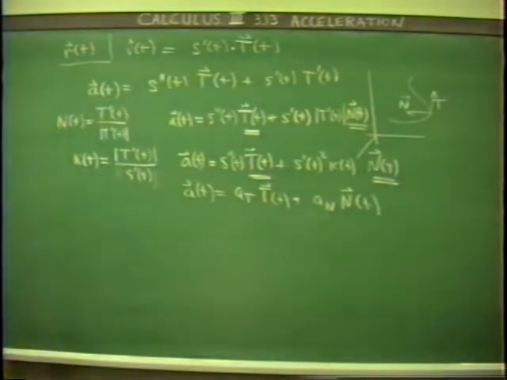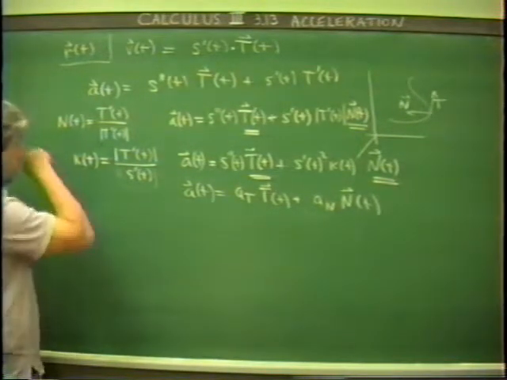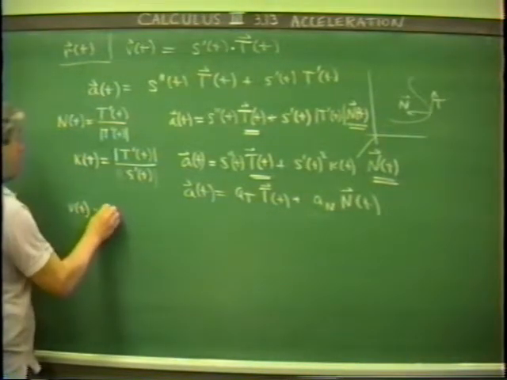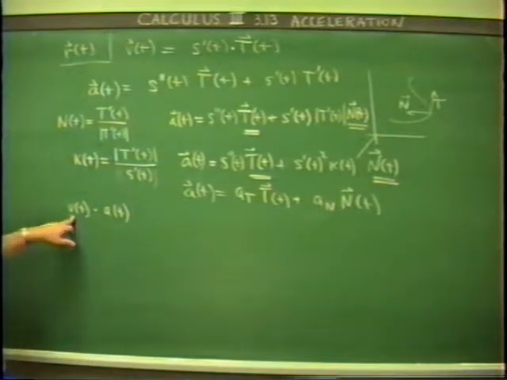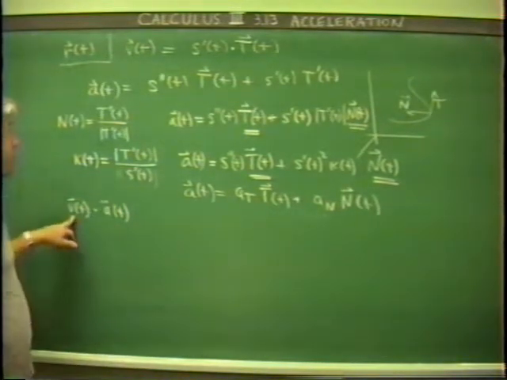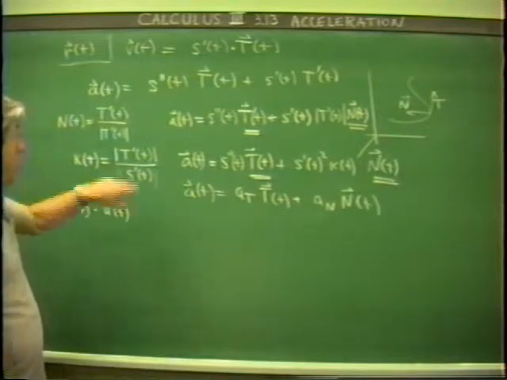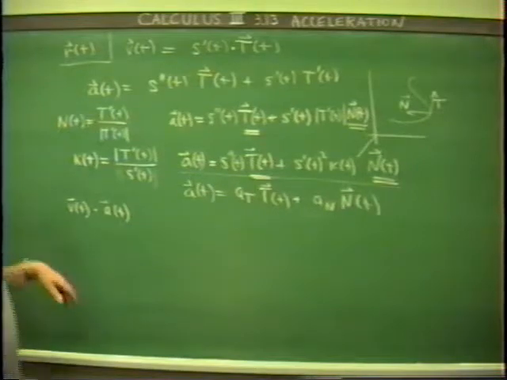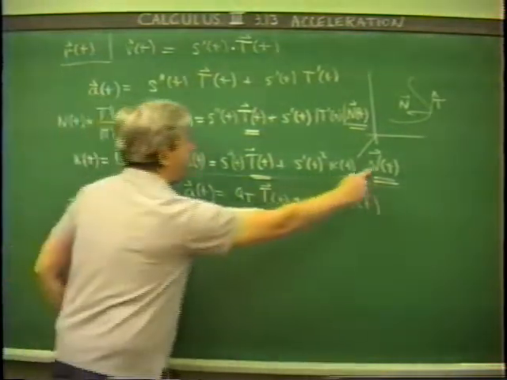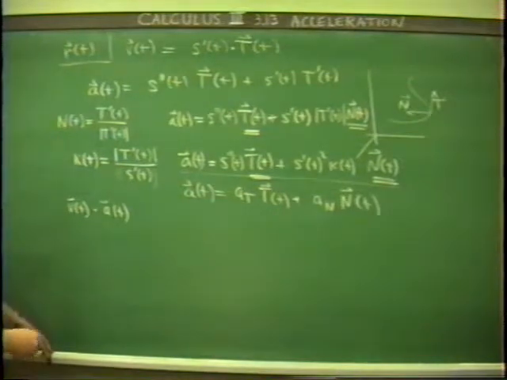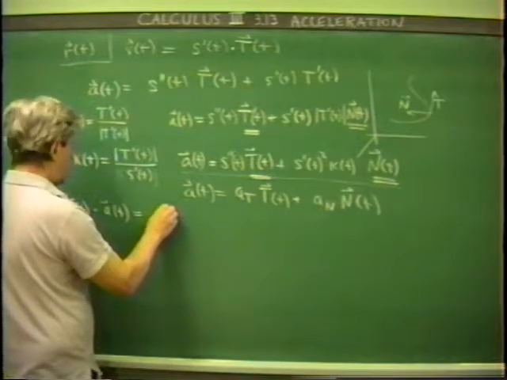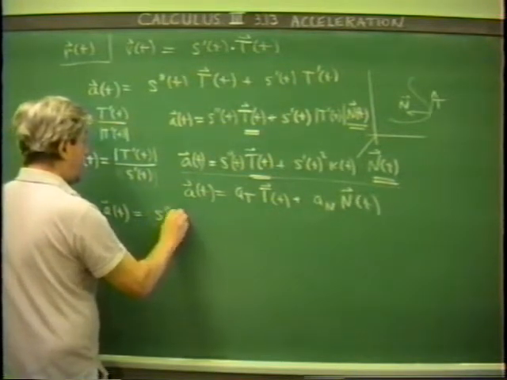it's sometimes preferable to have another way to compute the quantity a sub T, the tangential component, and the quantity a sub N. To get at this, let's take v and dot it with a of t. If we take the velocity and dot it with a of t, where a of t is given right here, we find that the velocity does not have a normal component, it only has a tangential component.